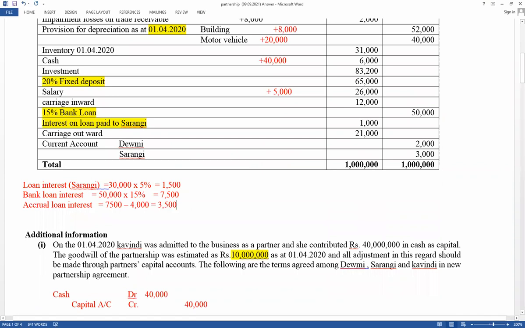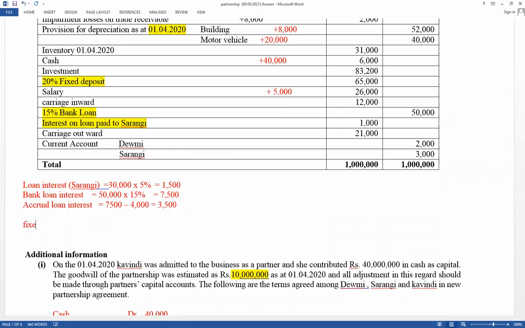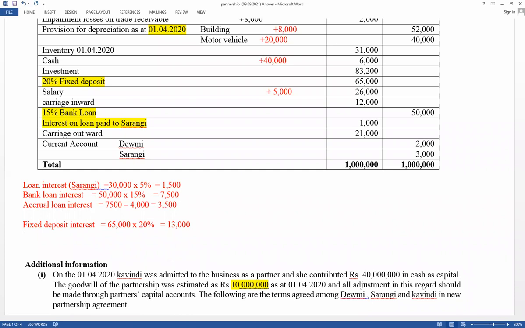Fixed deposit value is given 65,000, but given percentage 20%. Therefore, interest income equal 13,000. But the trial balance available 8,000. Therefore, FD interest receivable.